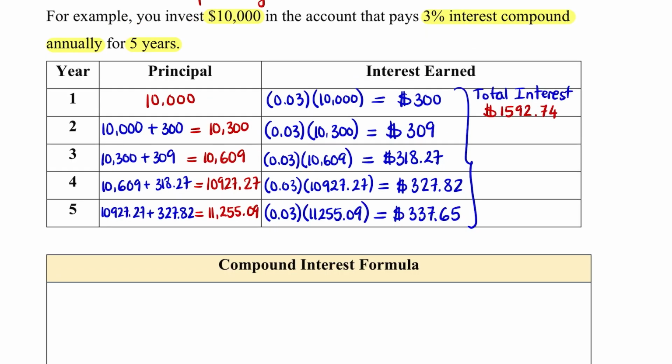And the total amount that I have in the account after 5 years will be $10,000 plus $1,592.74, which is $11,592.74.